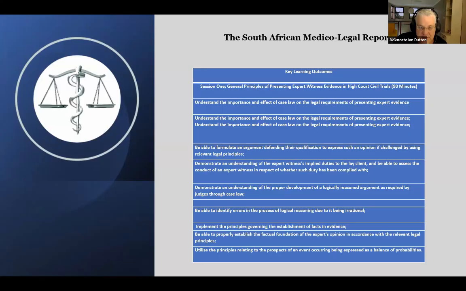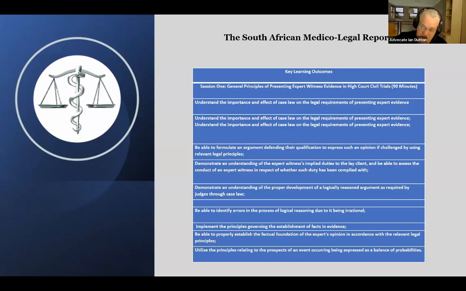Then the next point, which is important, is that you'll learn how to demonstrate an understanding of the expert witness's implied duties to the lay client and be able to assess the conduct of an expert witness in respect of whether such duty has been complied with. Okay, so what's important here is that the courts say that you as an expert have a duty to your lay client.